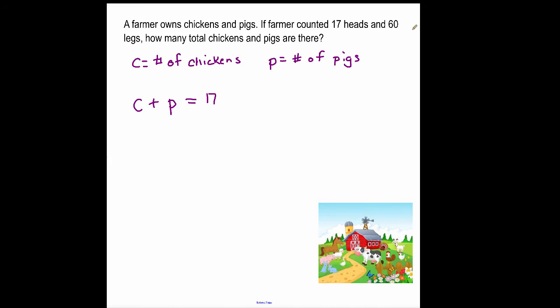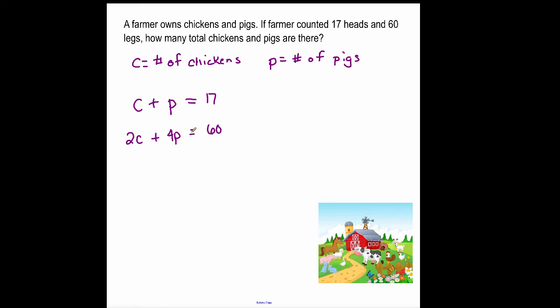Then I say I have 60 legs. Well, then I want to think about how many legs a chicken has and how many legs a pig has. A chicken has 2 legs, so I could say 2 times the number of chickens, because each chicken has 2 legs, plus 4 legs for a pig, so 4 times P is going to equal 60, the total number of legs counted.